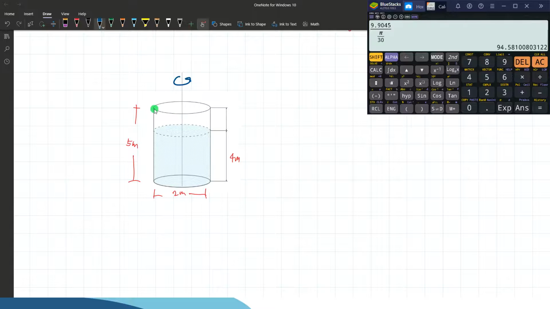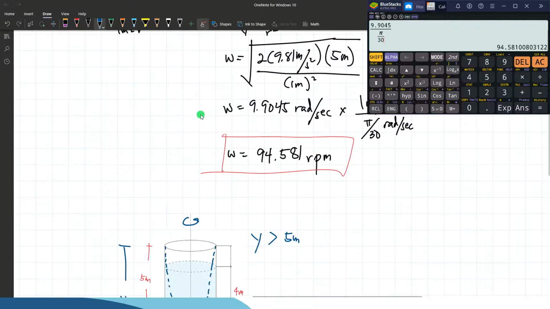So we expect that the computed y will be greater than the total depth of this container, which is 5 meters.